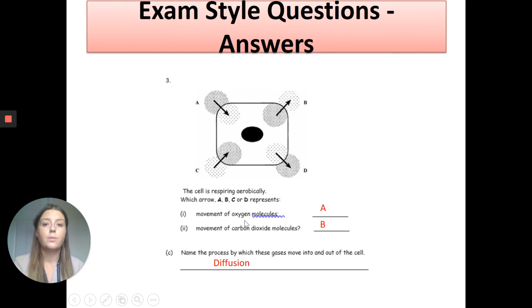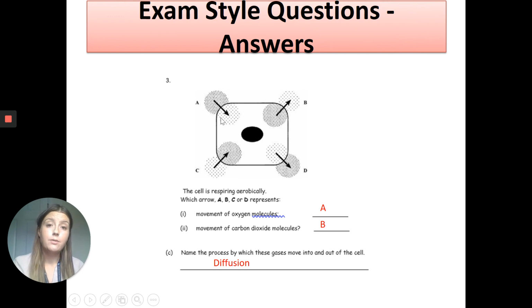Okay, so movement of oxygen molecules. We know that in aerobic respiration, oxygen is required, so therefore oxygen needs to be diffusing into the cell. If we have a look, we can already eliminate 2 of those pictures, and that's going to be B and D because they show the movement out of the cell.